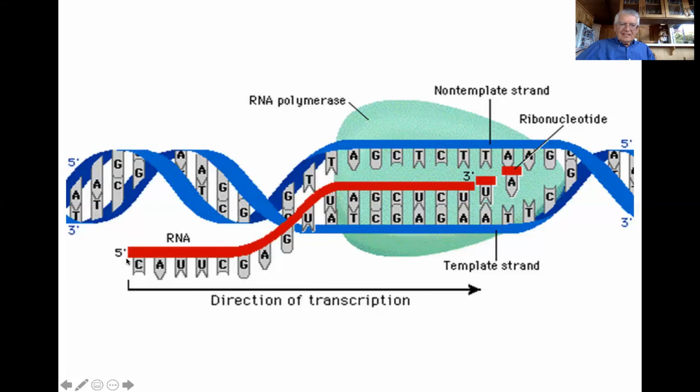RNA, on the other hand, is just ribonucleic acid. It's not missing the oxygen. This simple plus or minus of this oxygen molecule turns out to have a really important difference in the chemistry and the reactivity of the molecule.